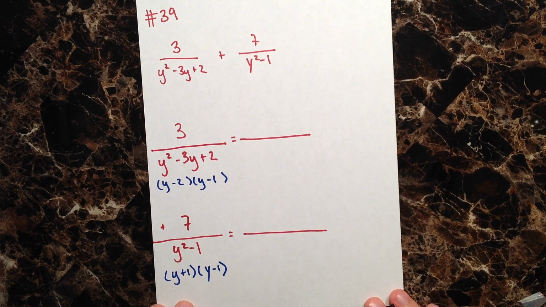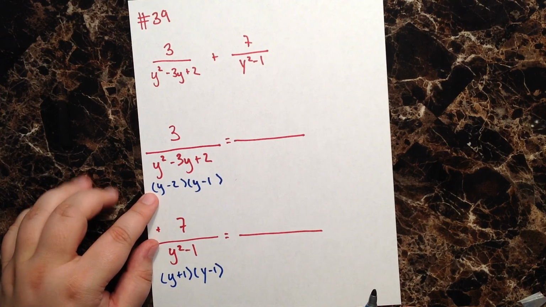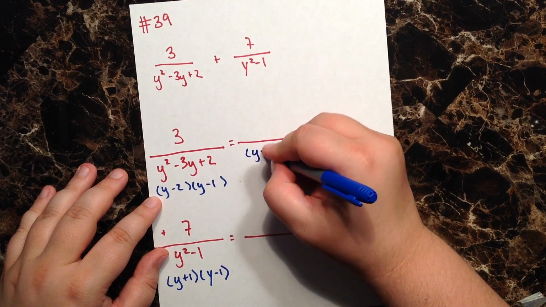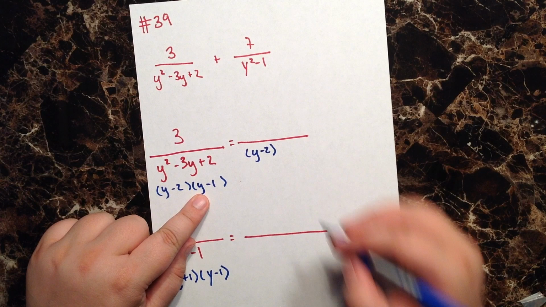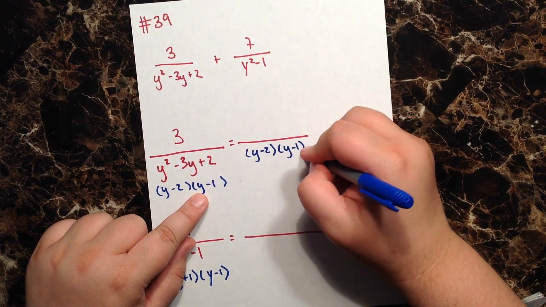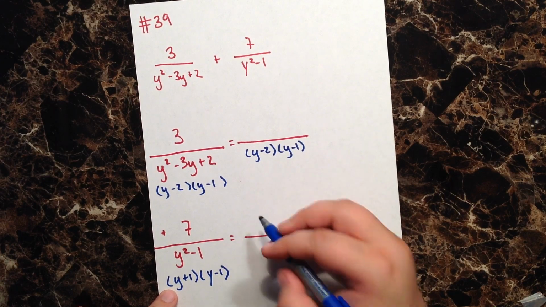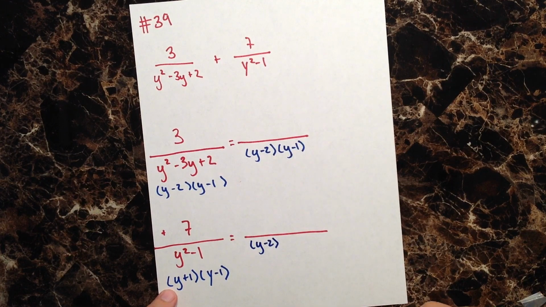Now, my common denominator has to have each unique factor. And so let's start with our top fraction here. So y minus 2. All right, y minus 1. And if I look down here, well, I don't have a y minus 2, but I know my common denominator has to have a y minus 2, so let's go ahead and add that.